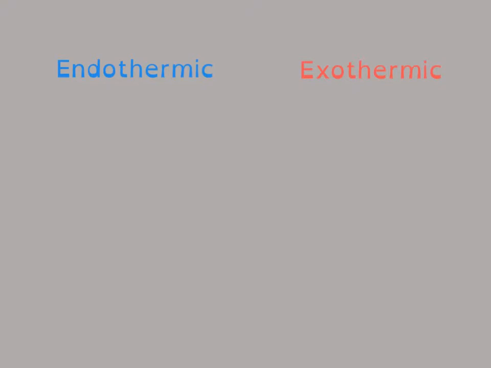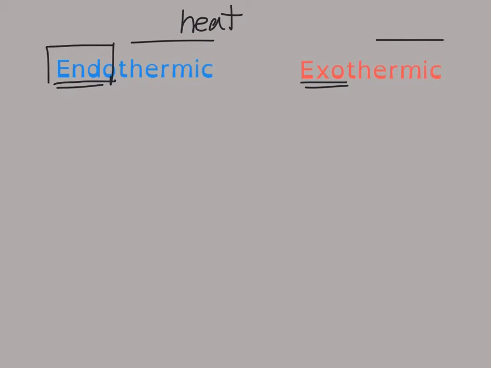All right, the words endothermic and exothermic describe the flow of the heat. And if you think back to your root word quizzes, you've probably seen endo and exo. In fact, you may have even seen thermic before. Thermic is talking about the heat. Okay? Endo is in to, and exo is exit.